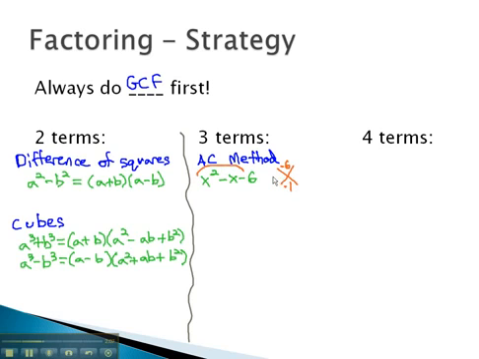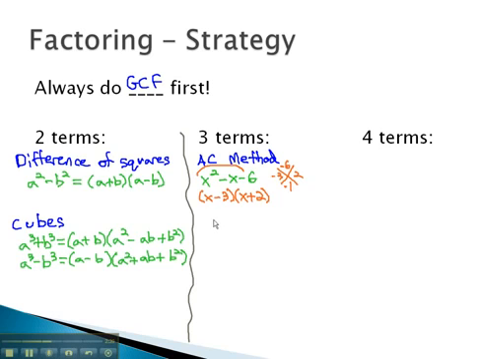This is going to be negative 3 and 2. And because we have a 1 in front of x squared, we can jump right to the factors, x minus 3 and x plus 2. If there had not been a 1 in front of the x squared, we could have just been more careful as we built the factors.